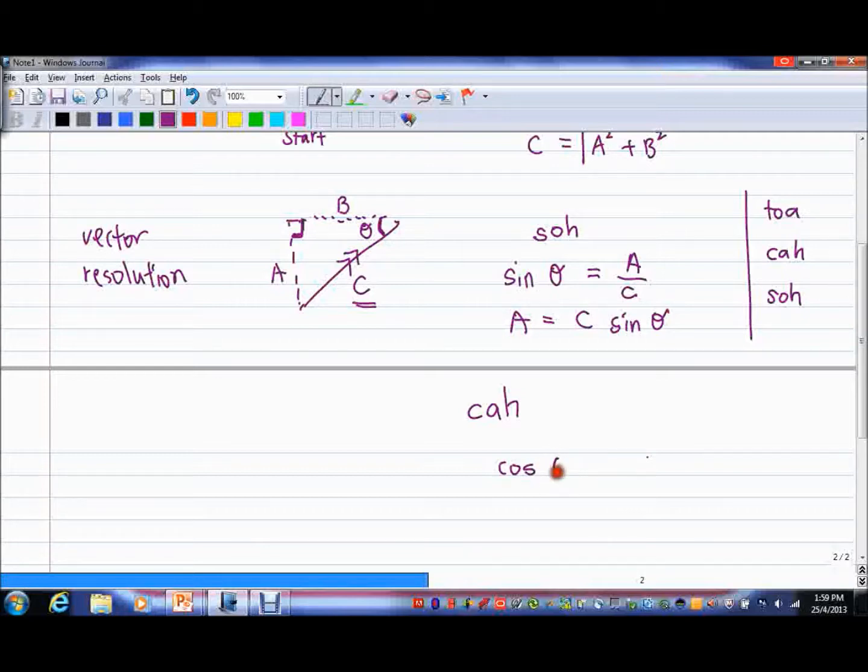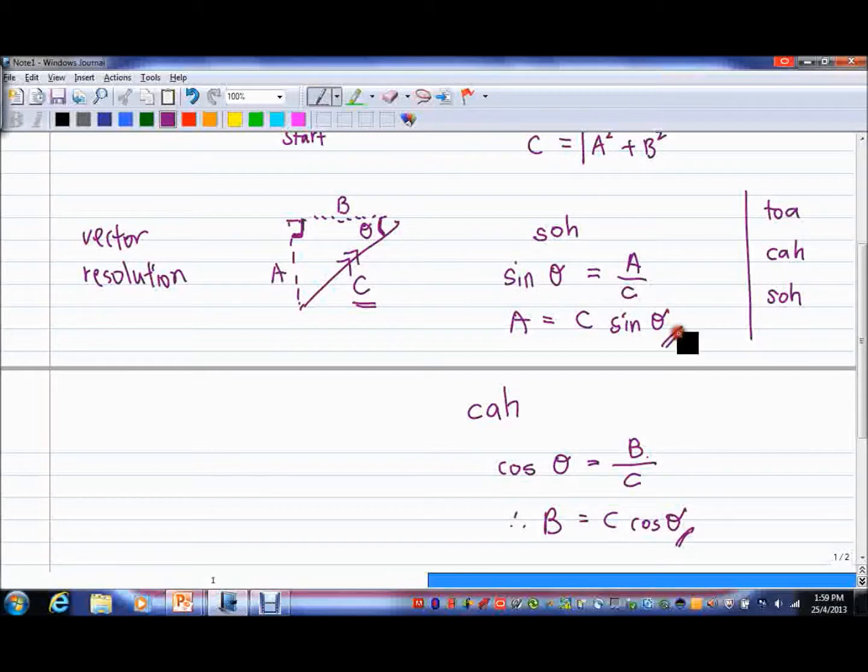So cosine theta will be equals to adjacent, which is your B, over hypotenuse, which is your C. Therefore B will be equals to C cosine theta. So this is the expression that we get for both A and B after resolving C.